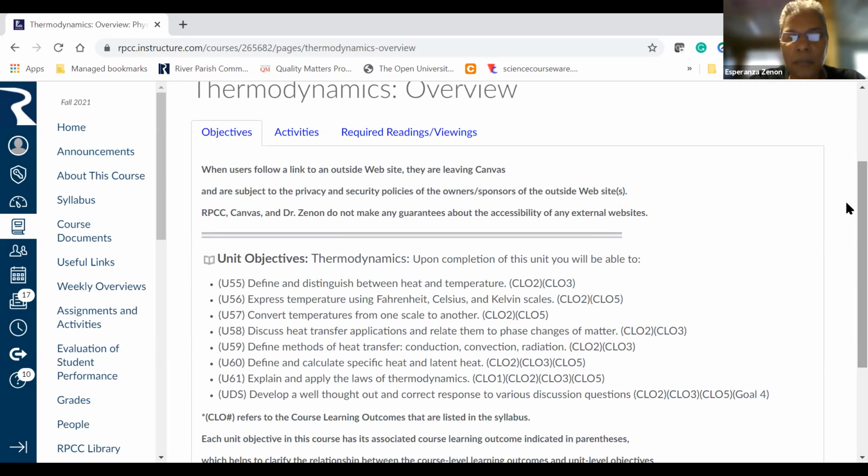And in the process of talking about the different phase change relationships, we'll look at the formulas involved for specific heat and latent heat. And then we'll focus on thermodynamics a bit, primarily the first law of thermodynamics. That's where we spend the bulk of our time regarding thermodynamics. Okay, so any questions about the objectives for this overview?